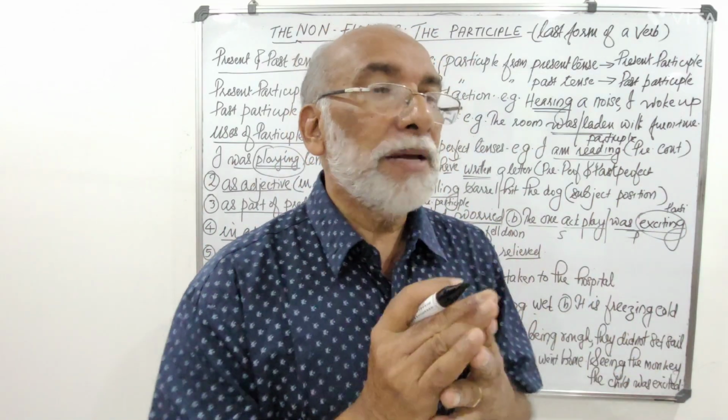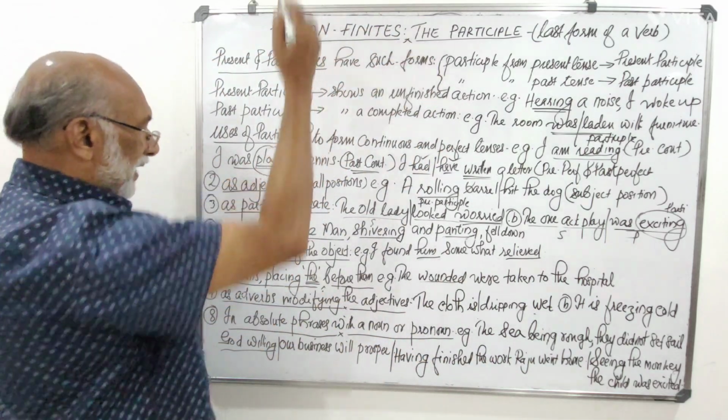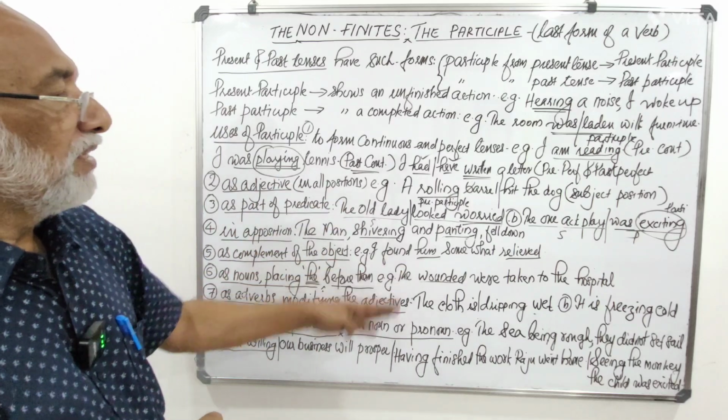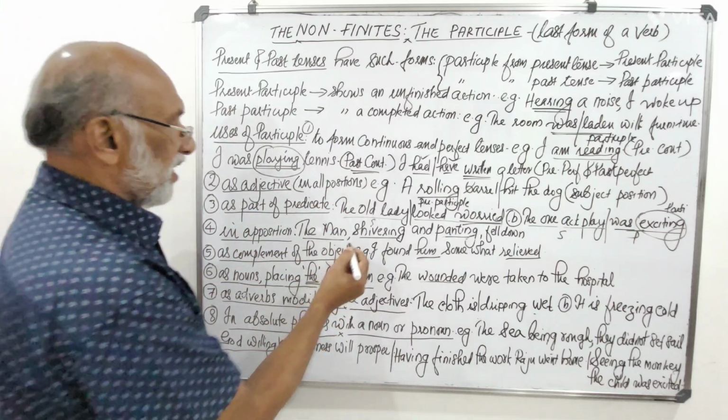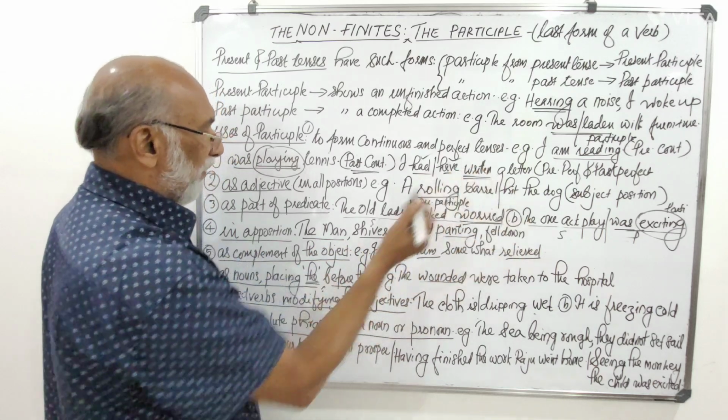Here our question is the participle that is used in apposition to another word in the sentence. Here, shivering and panting. The man shivering and panting fell down.